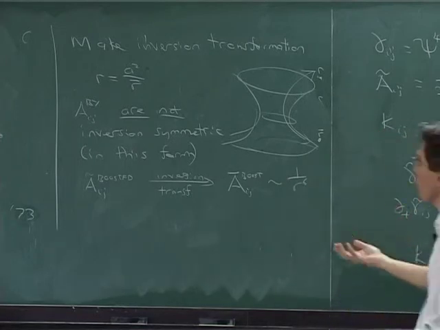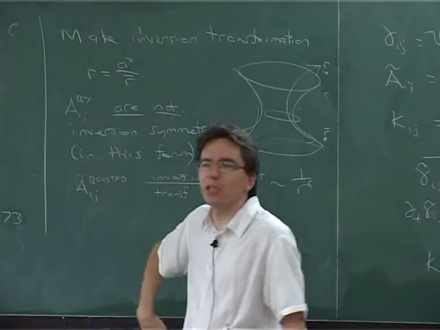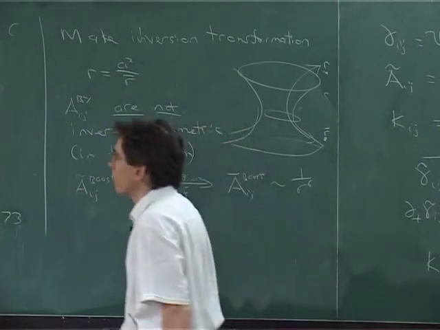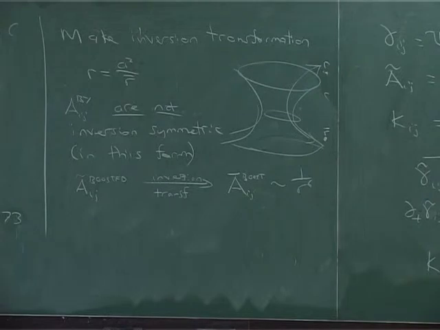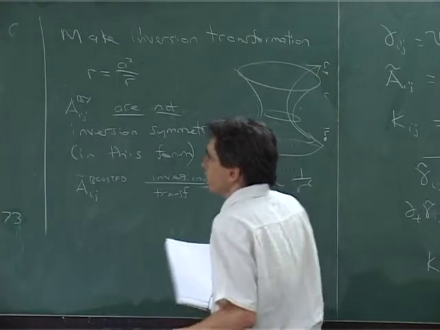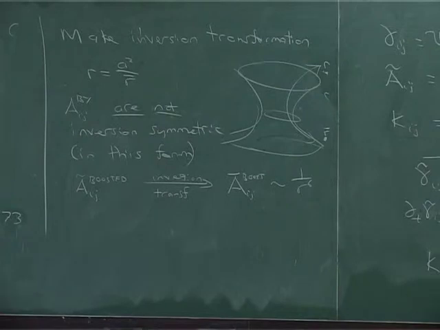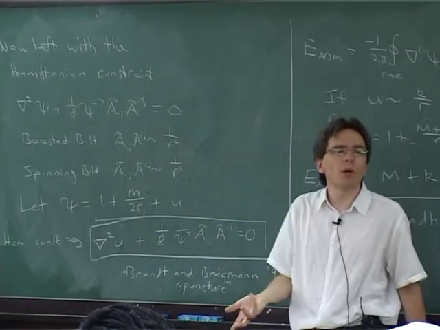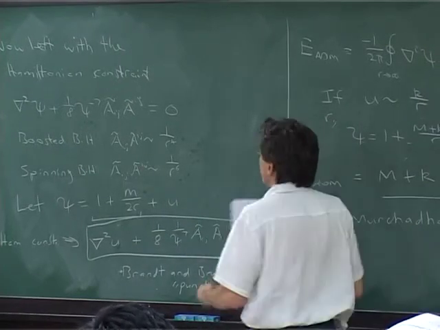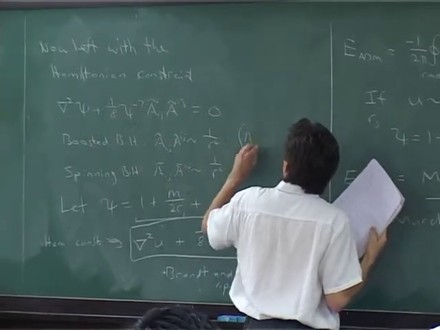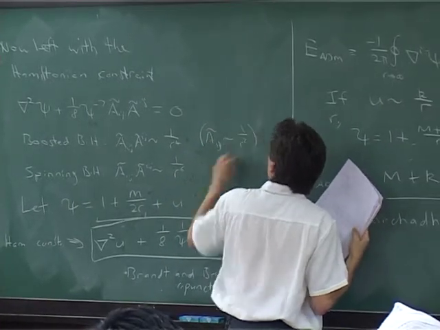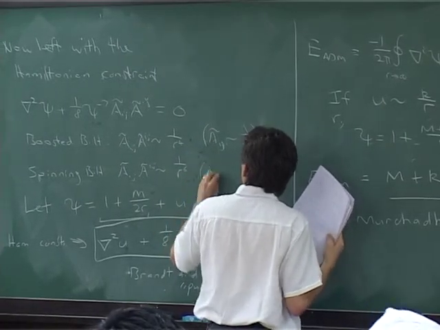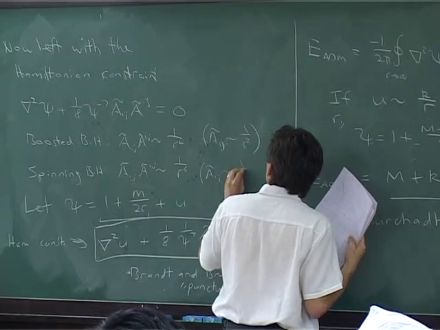If you calculate, instead of the ADM energy, the ADM linear momentum, it turns out that this 1 over r to the 4 term is what gives you the linear momentum. Sorry, the Aij goes as 1 over r squared, and it's the square of it that goes as 1 over r to the 4. Let me make that clearer. And for the spinning one, it goes as 1 over r cubed.